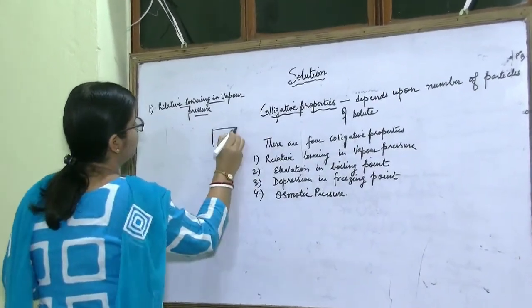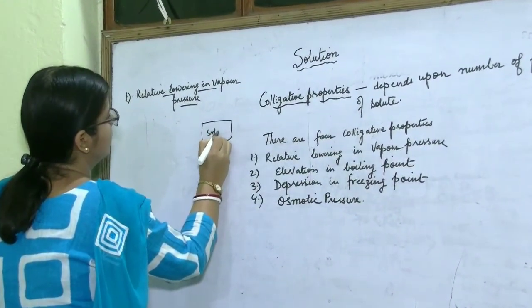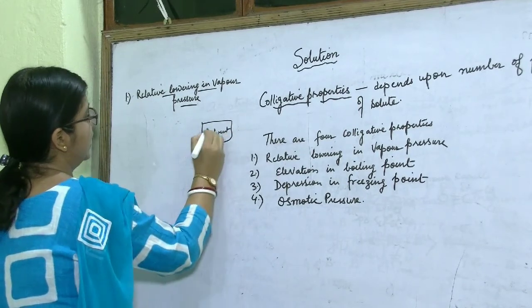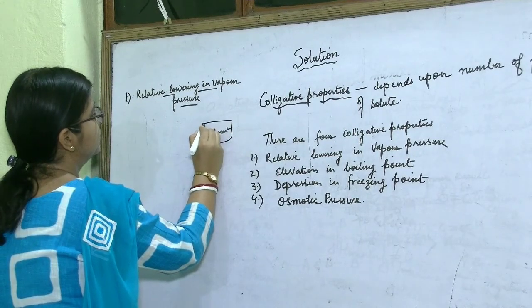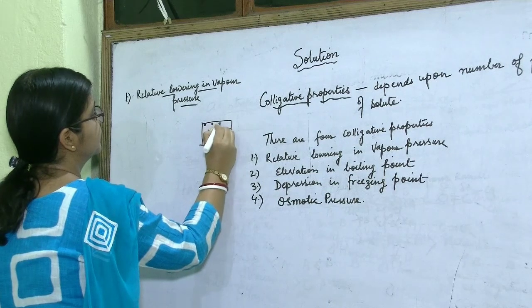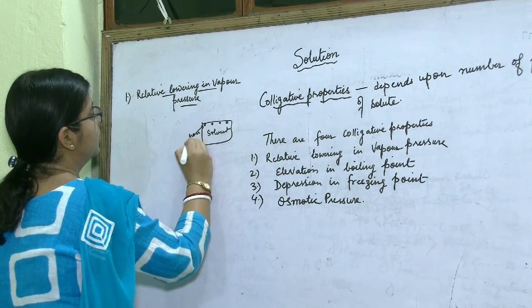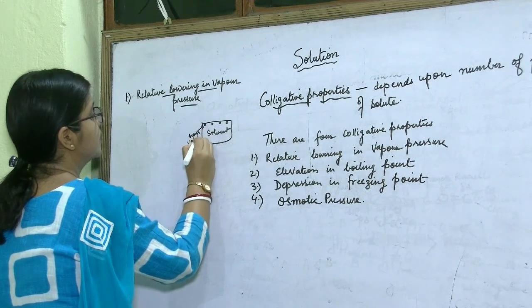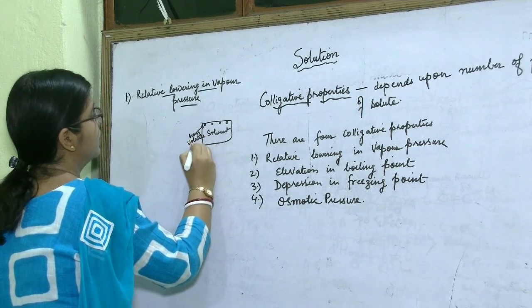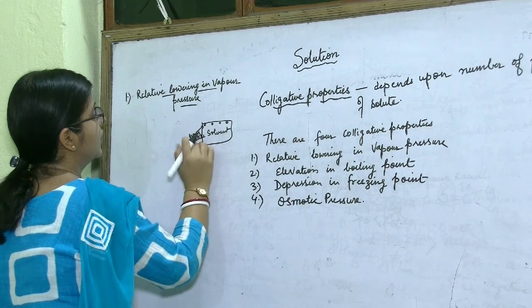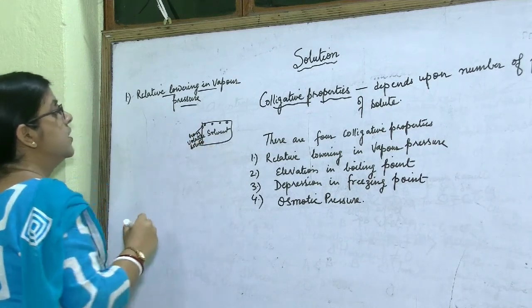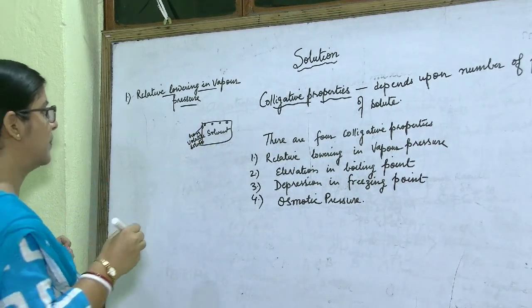if you are taking a pure solvent and adding some non-volatile solute to it, then what will happen?